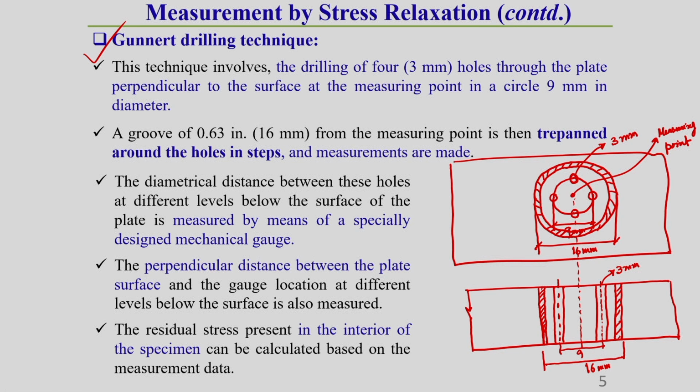So, what did we do? First of all, we make these 4 different holes. After that, we trepan this inner portion by using a trepanning operation. Trepanning operation is generally done by wire EDM, with a cutting tool. Generally this is a hollow cutting tool with a thickness, so due to this thickness it cuts like this.